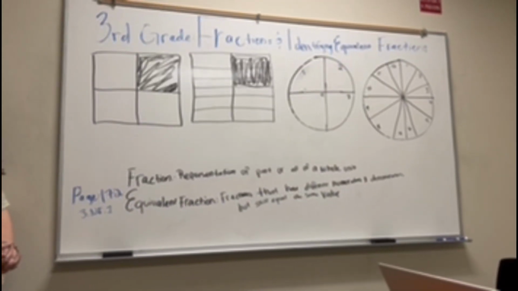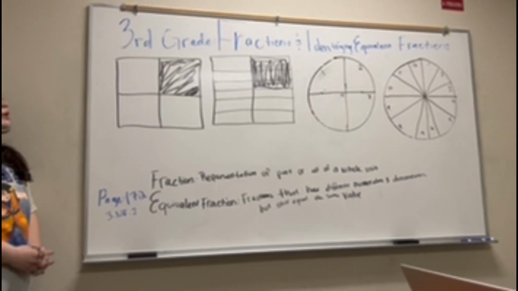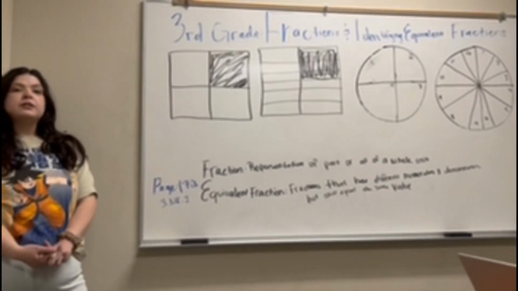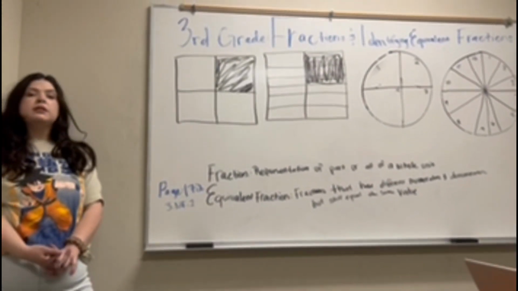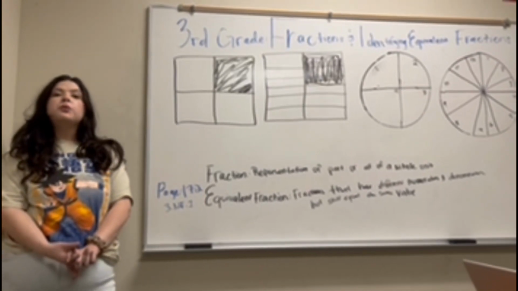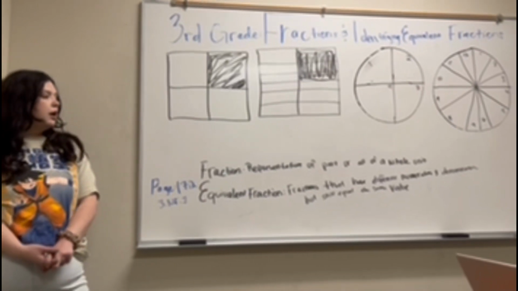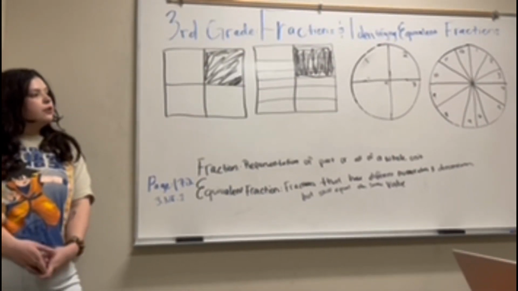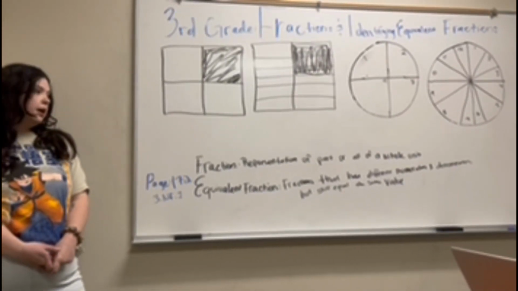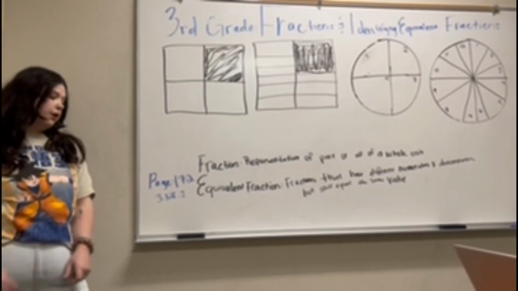Okay, so for the second part of our lesson today, we are going to be talking about identifying equivalent fractions. So a fraction, once again, is a representation of part or all of a whole unit. An equivalent fraction are fractions that may have different numerators and denominators, but they still equal the same value.